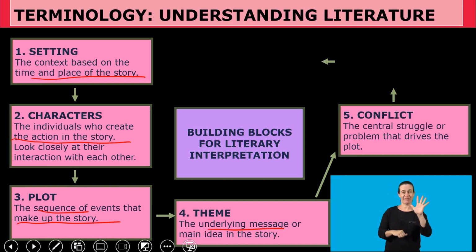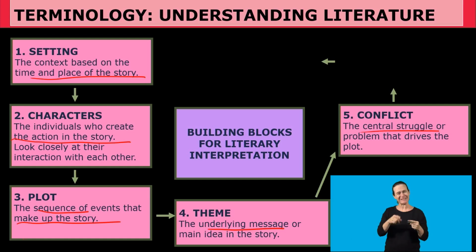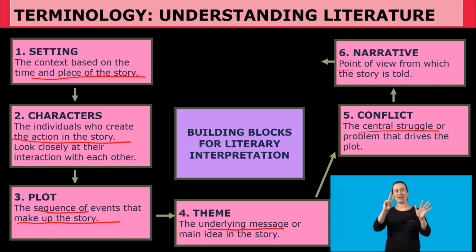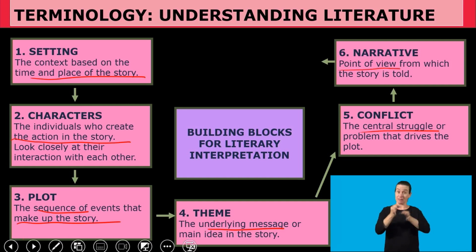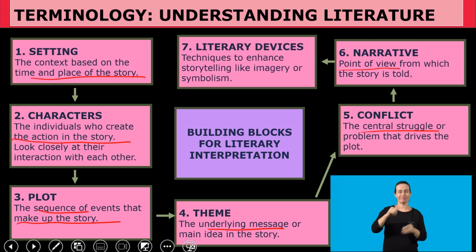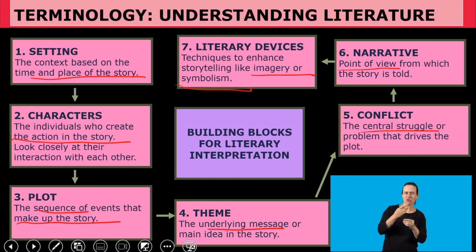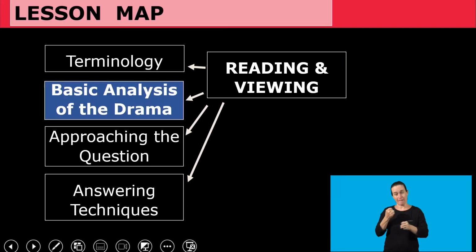Conflict, the central struggle or problem that drives the plot. Narrative, the point of view from which the story is told. Literary devices, techniques to enhance the storytelling like imagery or symbolism. Now, let's look at an analysis of the 3 drama options that you have for Paper 2.